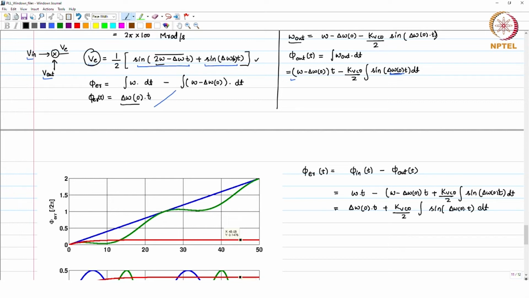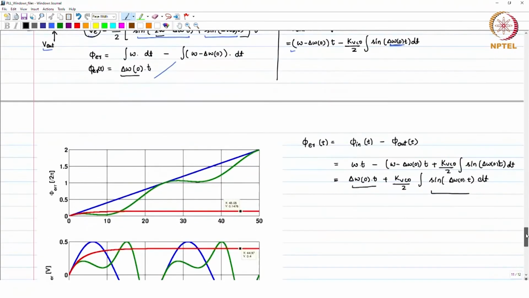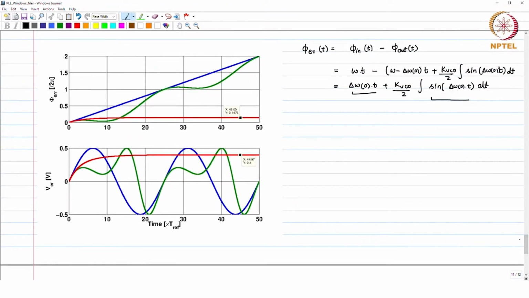So, you see that the phase error, in response to the phase accumulated by the VCO, has two terms, one is linear and the other is an integral of the sine wave, right, which will be periodic in nature. Now, I told each of these things in open loop, and when I close the loop, I will see some kind of response which I am going to show you here.